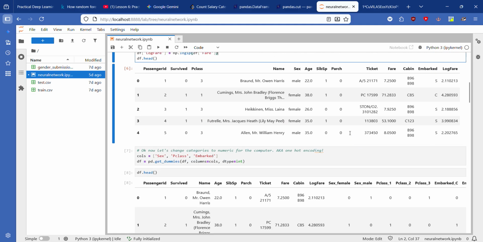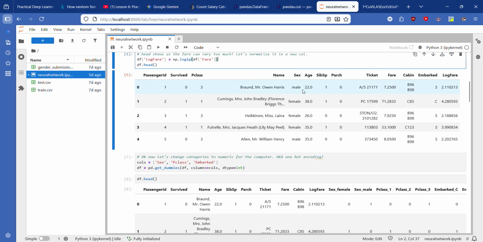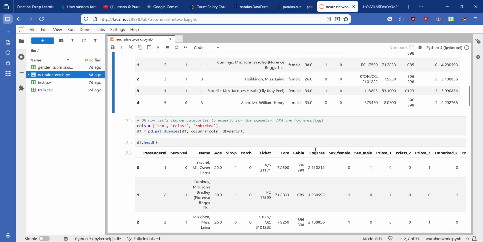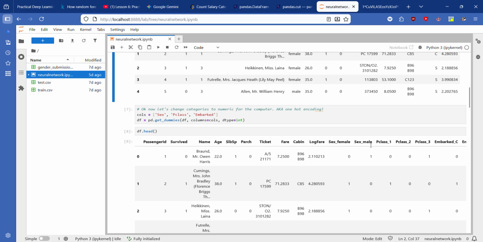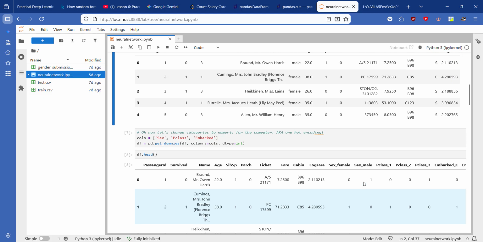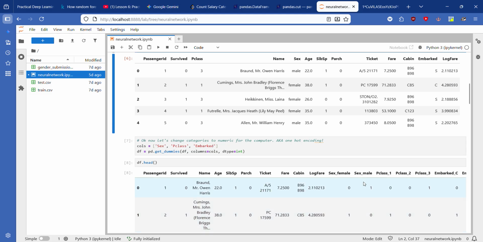So again, I wish I had a whiteboard, but for now, look here. Look how for the sex column, it made one hot encoding for sex female and sex male, and then it mapped it 0, 1, 1, 0, blah, blah, blah. And this helps because the computer can read the numbers. It couldn't read male or female or whatever. So we had to map it to these two new columns.